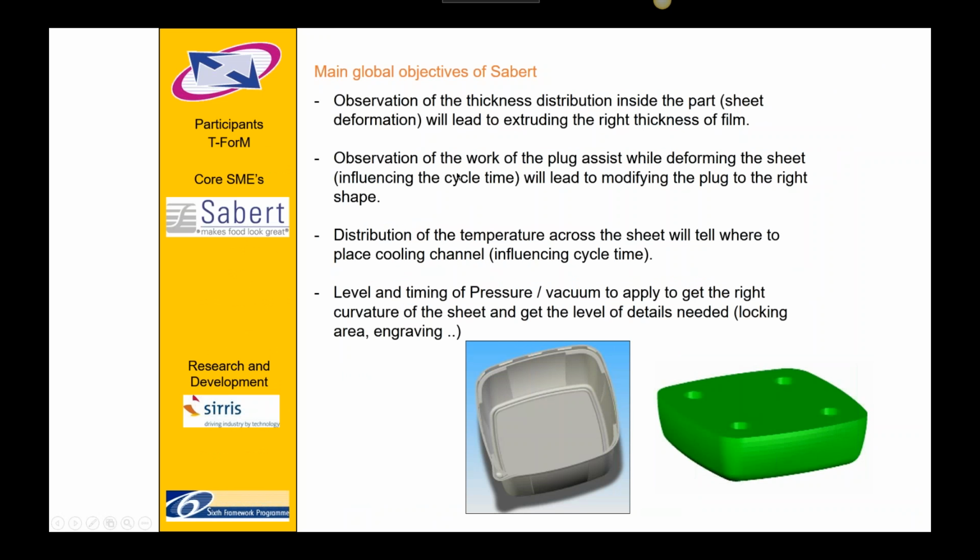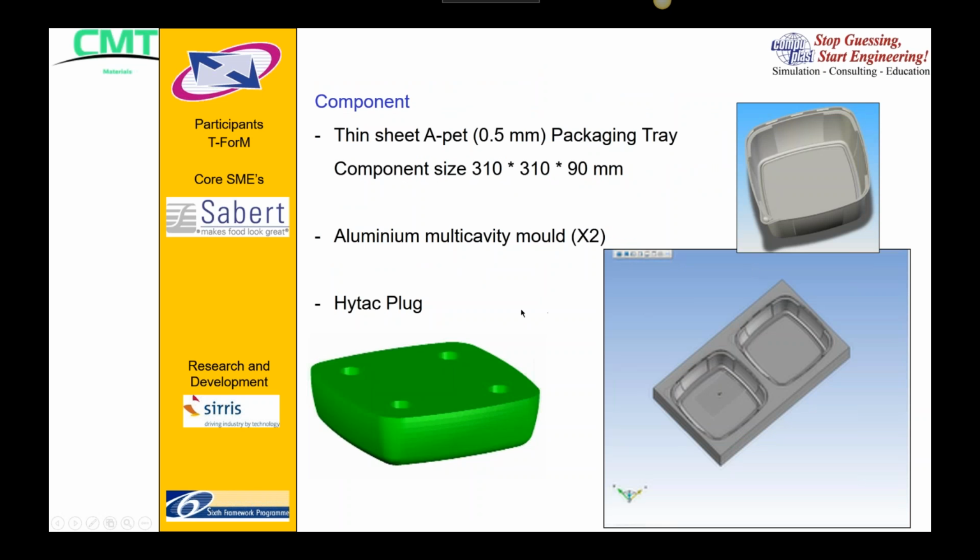In this case, the objective of the main forming company, Sabert, which makes food containers, was to optimize the production of this container. And here's the mold, and here is the plug assist shape that was used. In fact, they had a 2-up cavity for the trials, and they were using the high-tack plug material provided by CMT.